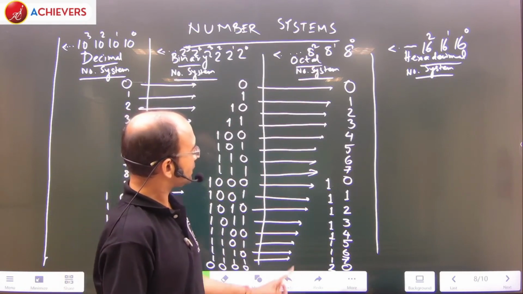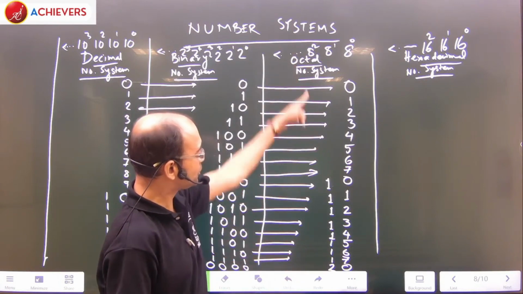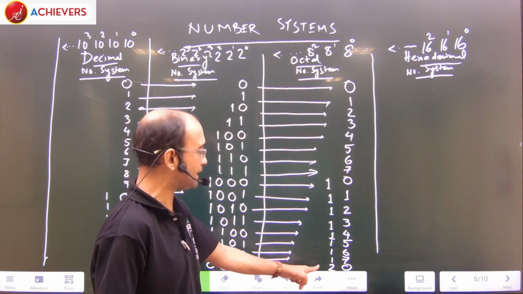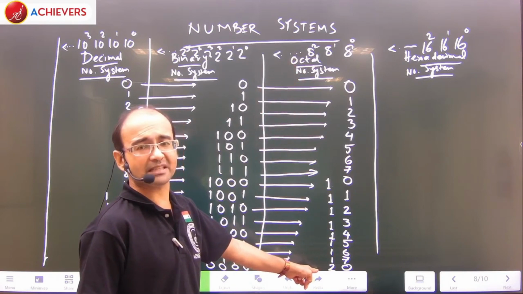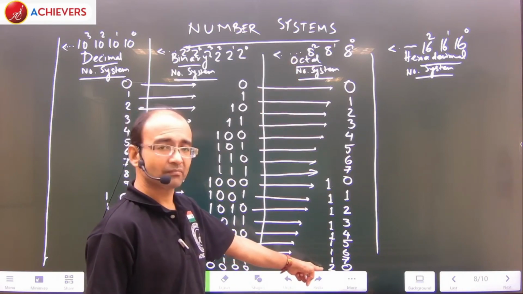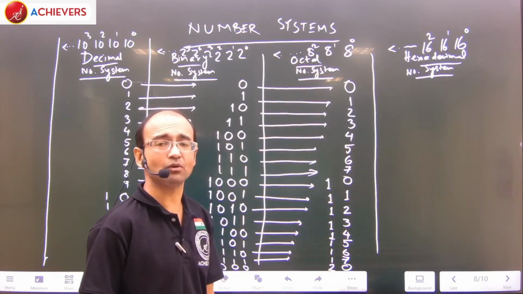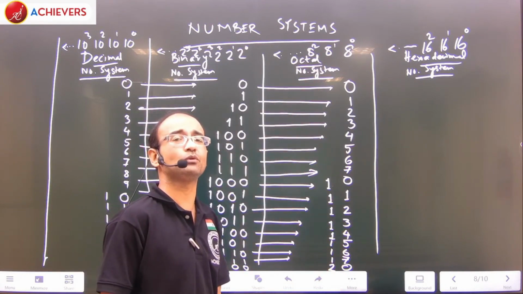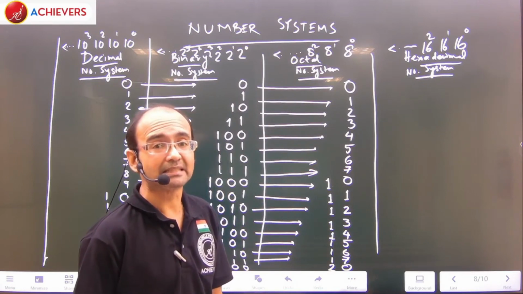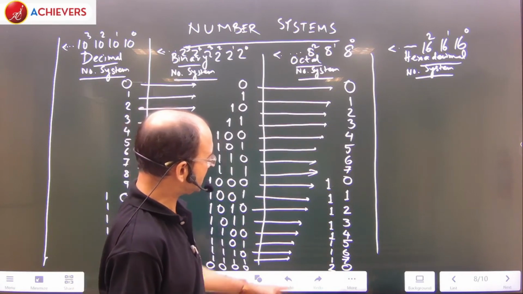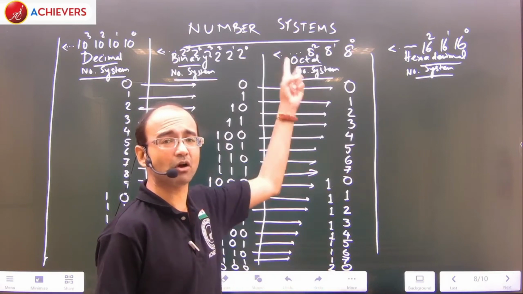So if you give 7 under 8 to the power 1, that means 8 into 7. 8 sevens are 56. And then 7 under 8 to the power 0. So 56 plus 7, that will be 63. So 64 will be represented as 100 in octal.